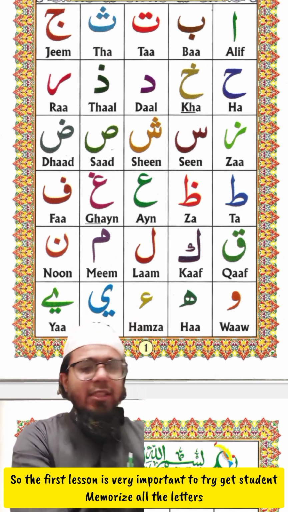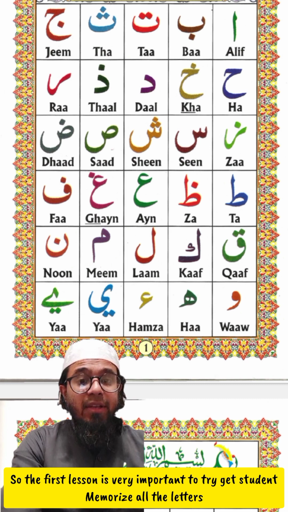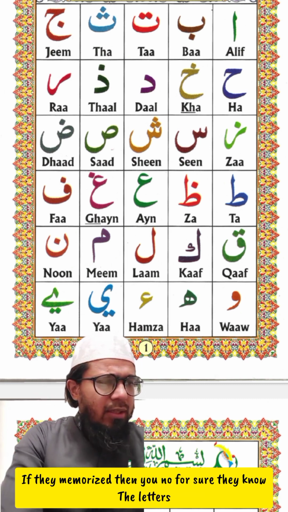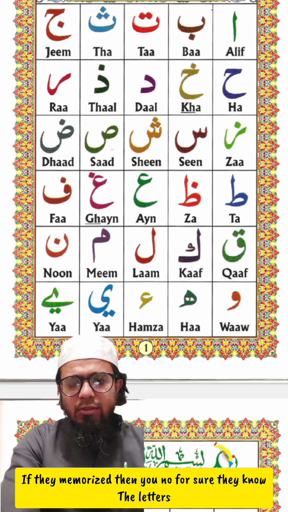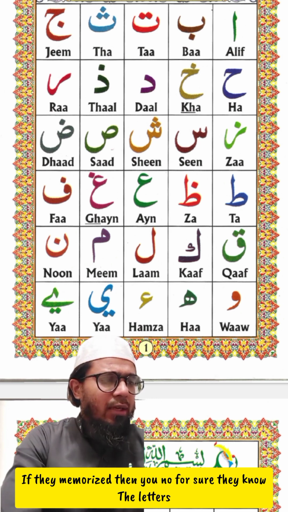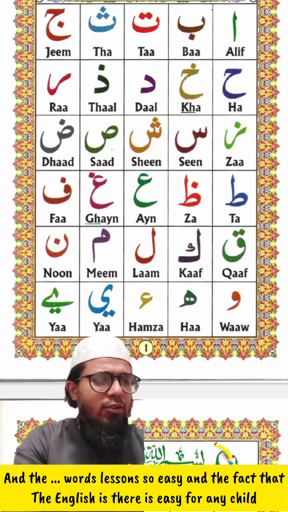So the first lesson is very important, to try and get the students to memorize all the letters. If they memorize it, then you know for sure that they know all the letters, and it makes the rest of the lesson so easy.